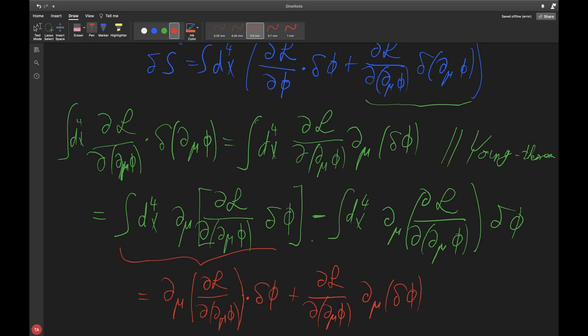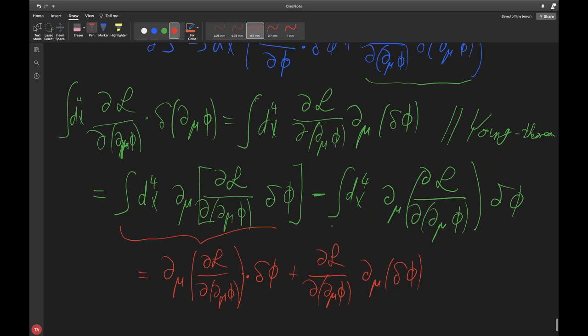Right, and then we want just this term, so we need to subtract this part.